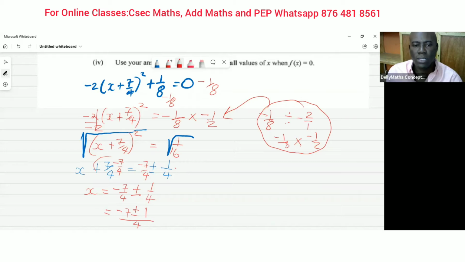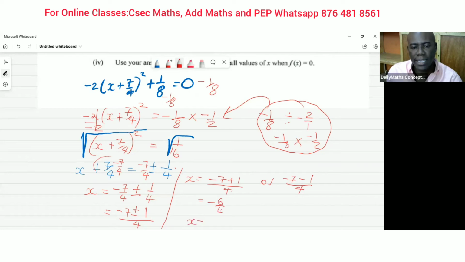So x is equal to that. Finally, x is equal to negative 7 plus 1 over 4, or x is equal to negative 7 minus 1 over 4. So in this case, we're looking at negative 6 over 4.